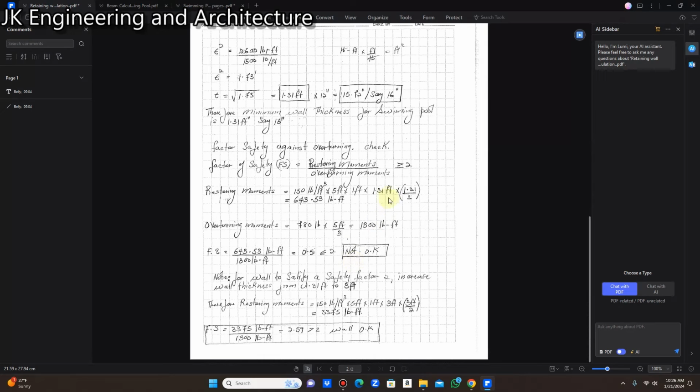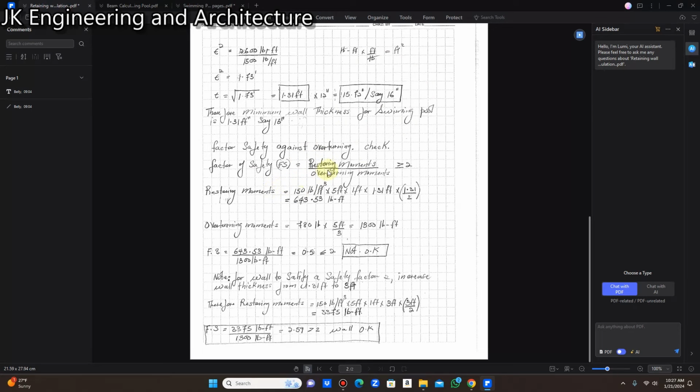Now, with 16 inches, we have to establish a factor of safety. So we want to find out if this 16 inches is adequate for the thickness of the wall to resist the moments of the water resting on the wall in order for the wall to be stable. So I'm going to use a factor of safety of 2.